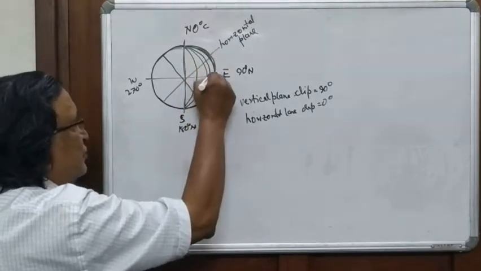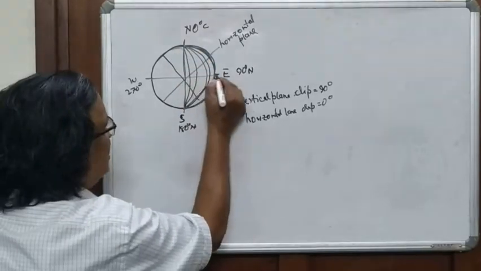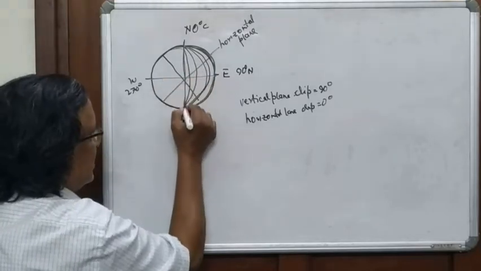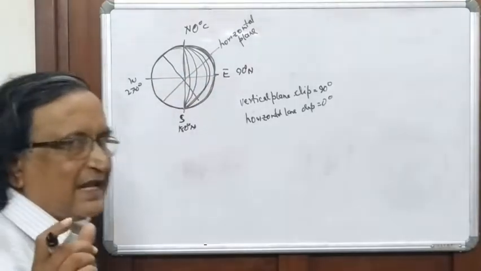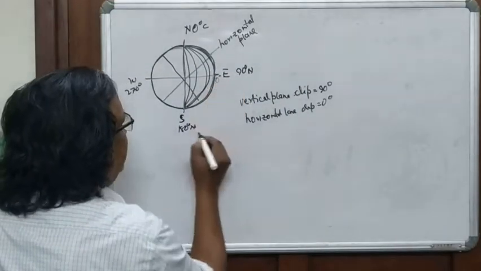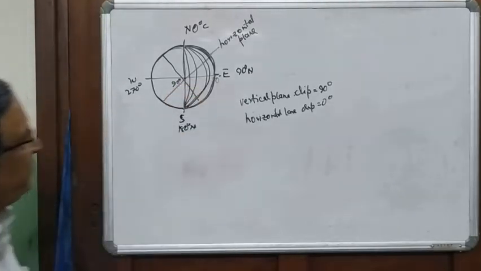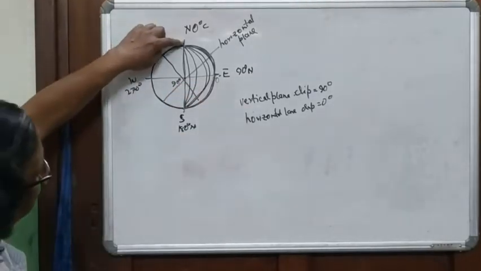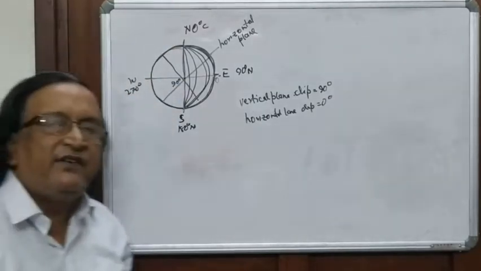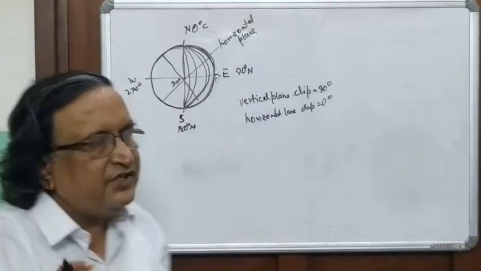Have you understood? These are dipping planes. So this distance, this distance, and this distance are all angles. Here the angle is 0 degrees because the dip is 0. Here the angle is 90 degrees, the dip is 90 degrees. Similarly, between this and this, the angle is 180 degrees.